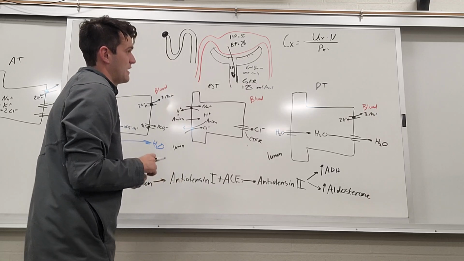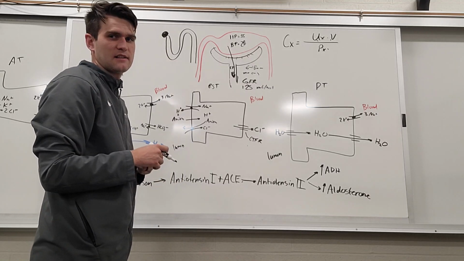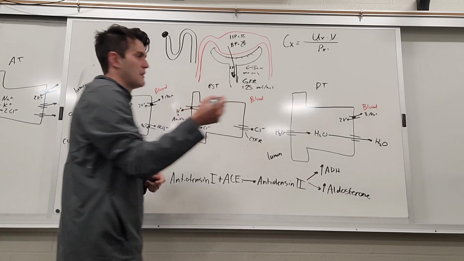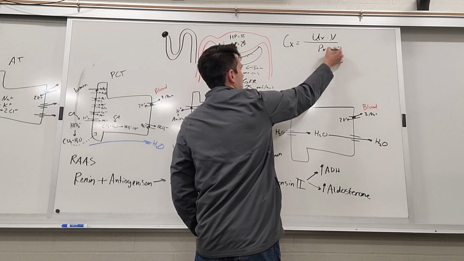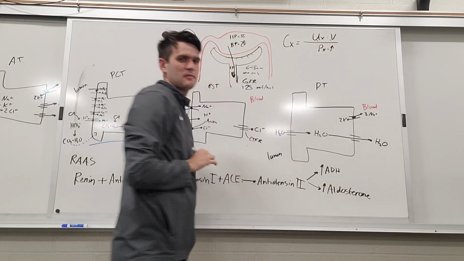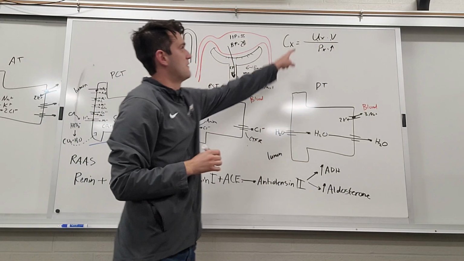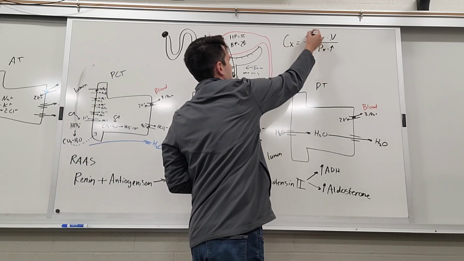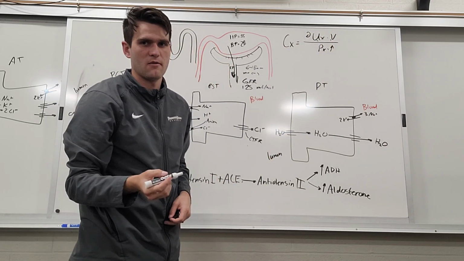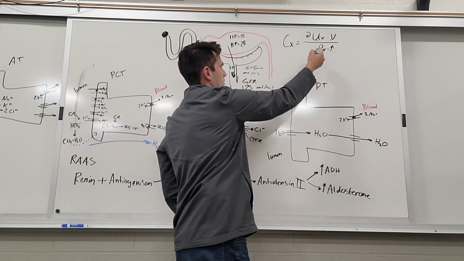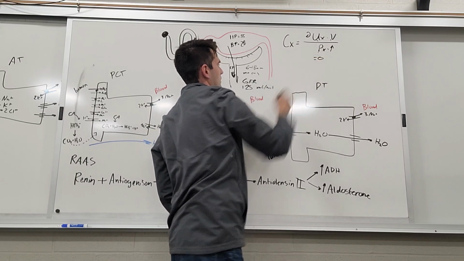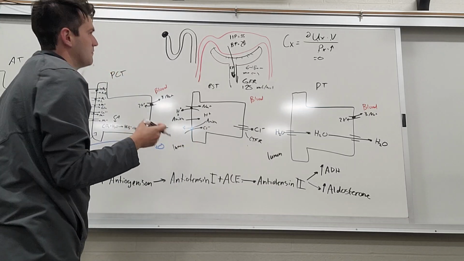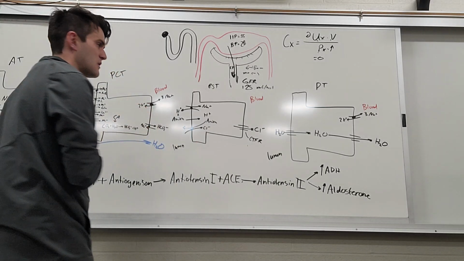Take glucose: it's reabsorbed, so you'll have a high plasma concentration of glucose but a urine concentration of 0. So 0 times the rate is 0, divided by your plasma concentration is 0. So your clearance of glucose is 0. Essentially nothing is getting excreted.